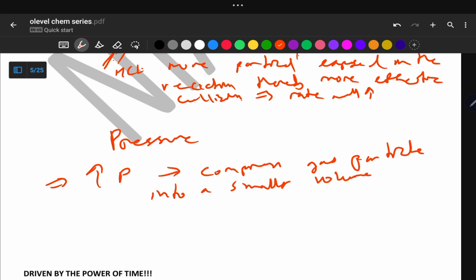So this will increase the concentration of the particles, thereby we are going to have more effective collisions, right? So this will increase concentration, and we are going to explain the effect of concentration like what we did. Increase in concentration will result in an increase in the number of effective collisions, thereby we are going to have an increment in the rate, right? It's simple as that.